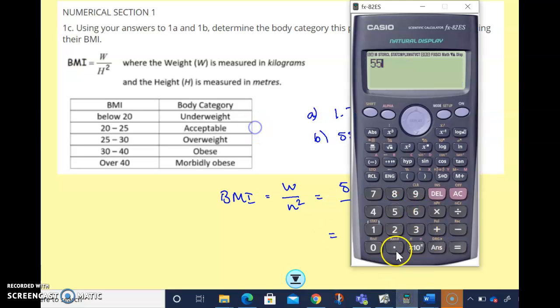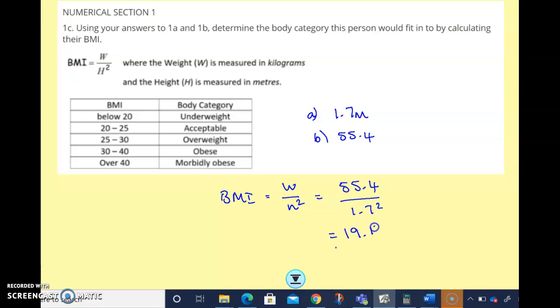Type that into a calculator. 55.4 divided by 1.7 squared, which is 19.17. And the question is asking us what category this is in. 19.17 is below 20, so the category this time would be underweight.